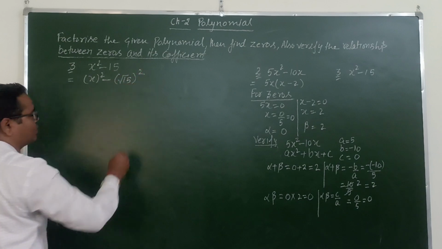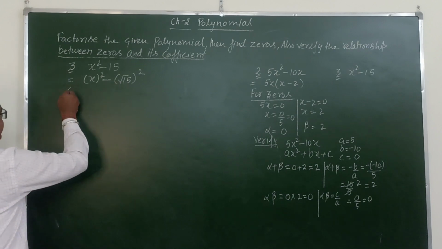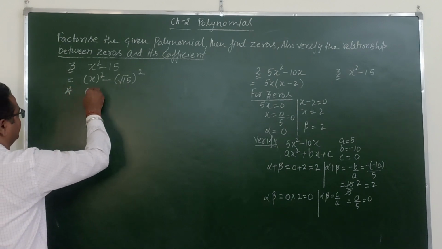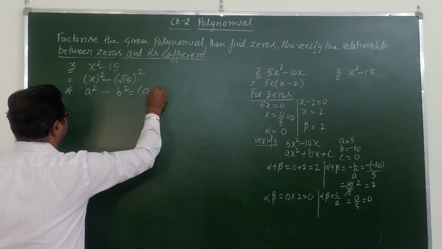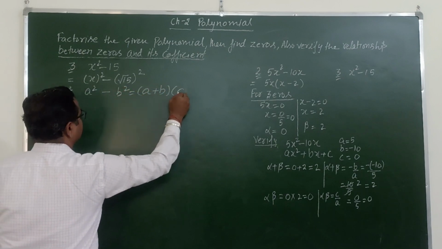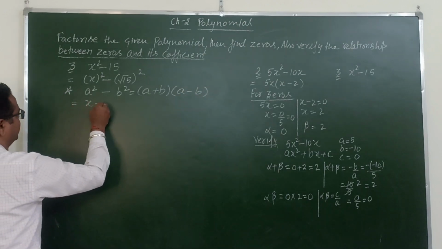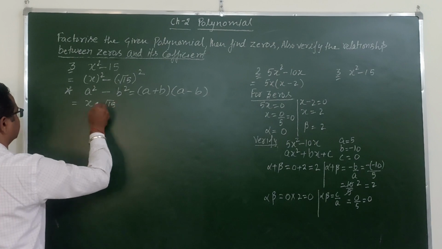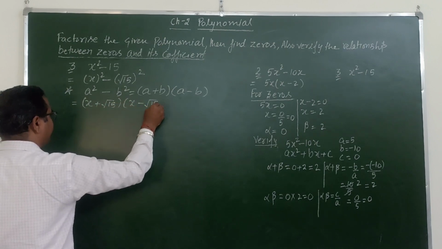Since 15 has no square root, we will write it as such and apply the identity for the factorization, a square minus b square, that is a plus b and a minus b. So x plus root 15, x minus root 15 are the factors.